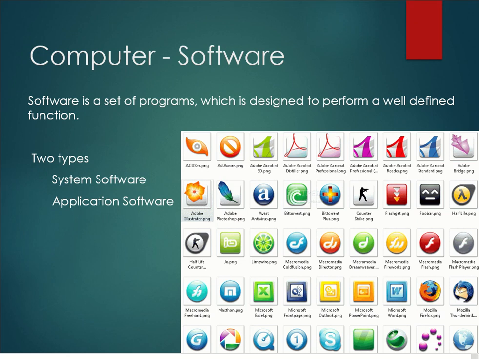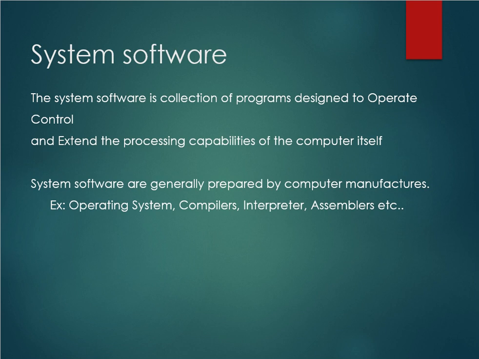It is defined to perform a task, a well-defined function. There are two types of software: system software and application software. System software is designed to perform operational steps like controlling.